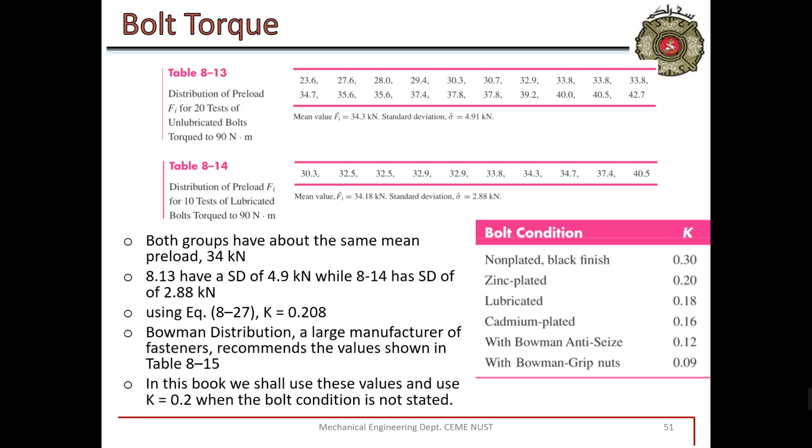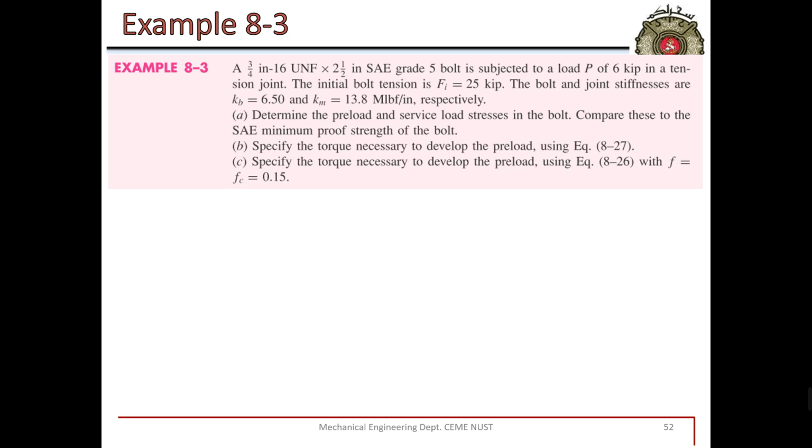That is only the explanation of why we use K equal to 0.2. If you go check, the range of K is from 0.1 to 0.2. So just use the average 0.2 for most of it.